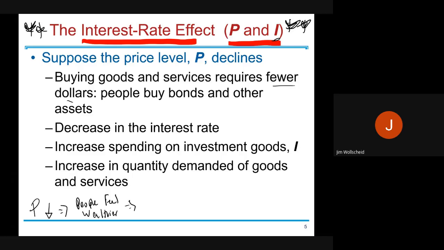But what do I do with these extra dollars? Well, not only do I buy more goods and services, but I also can save more. So now go back to chapter 13. Remember the market for loanable funds. What happens when we increase savings?